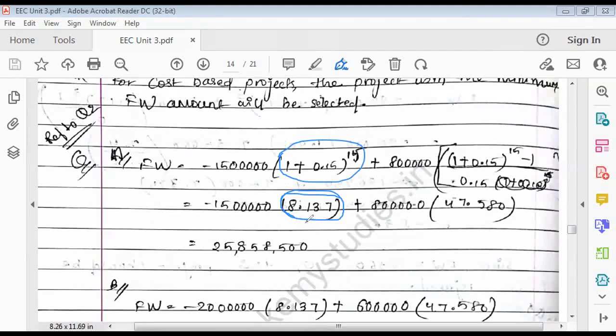So simply multiply by 8.137. And why has the second formula been used?